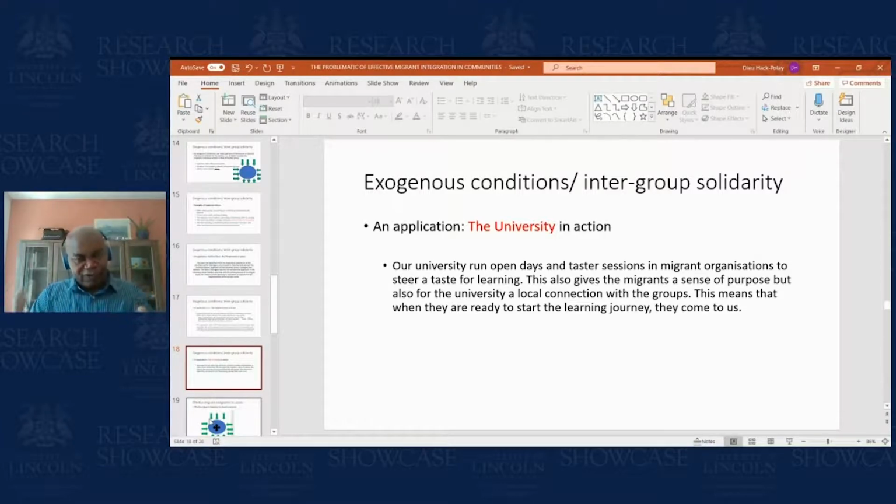And in return, when those migrants were ready for university, they turned to that university because that was the only partner they had known. So what we are saying here is that exogenous actions, those positive actions that societal agents do towards migrants, come back with some positive returns for those organizations.